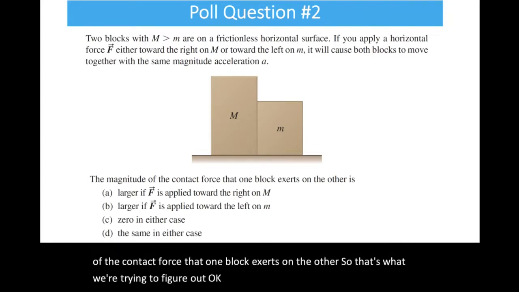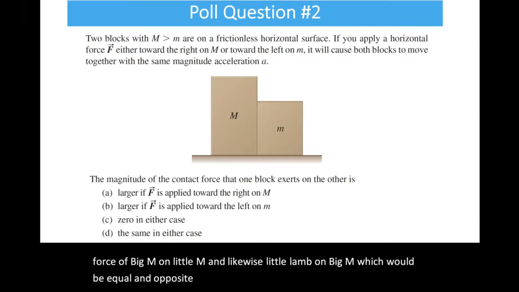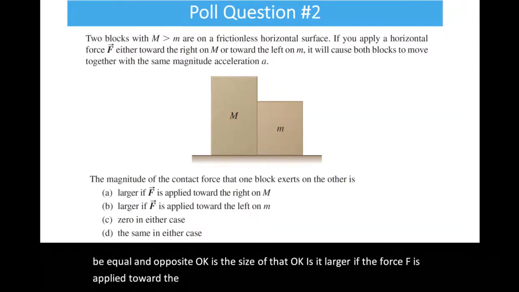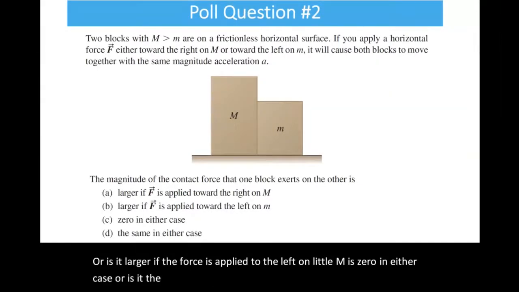Okay, and the question is that contact force, the force of big M on little m, and likewise little m on big M, which would be equal and opposite, okay, is the size of that larger if the force F is applied toward the right on big M, or is it larger if the force is applied to the left on little m? Is it 0 in either case, or is it the same in either case?